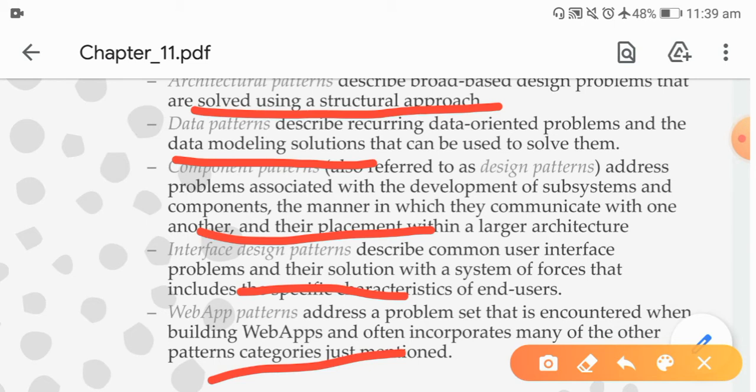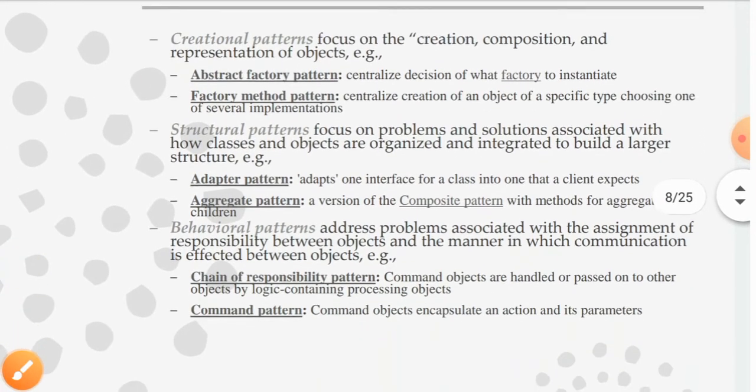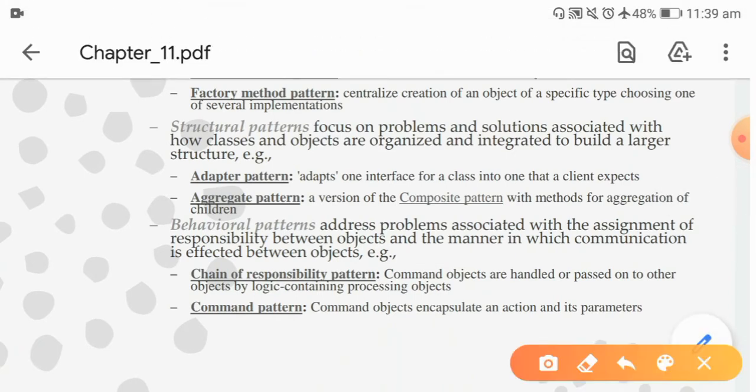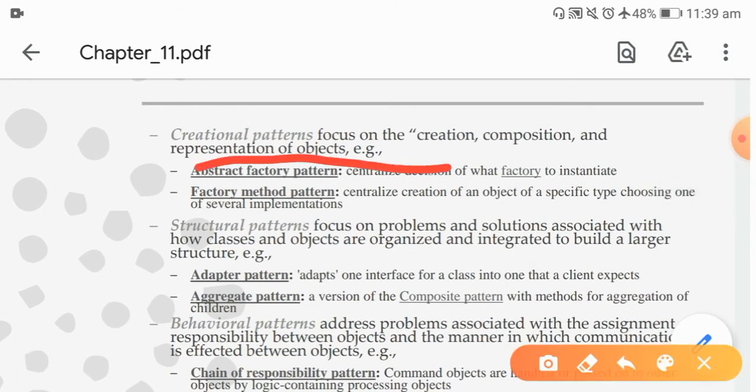Now next, if we take more examples of design patterns or kinds of patterns, first one is the creational patterns. So what are the creational patterns? Creational patterns focus on the creation, composition and representation of an object.